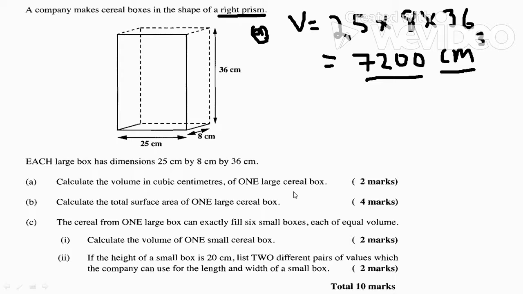All right. Let's look at the next question. It says calculate the what? The total surface area of one large cereal box. All right. So look at this cereal box now. Would you agree with me that all of the sides are rectangular?